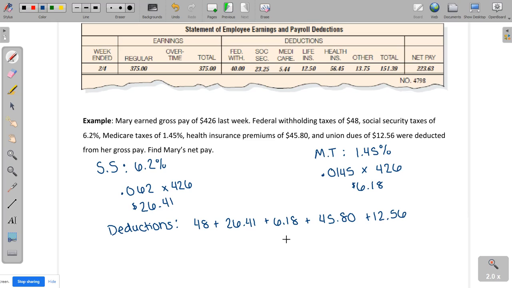When we add that all together, we get a total of $138.95. This is what's being deducted, which is being subtracted.